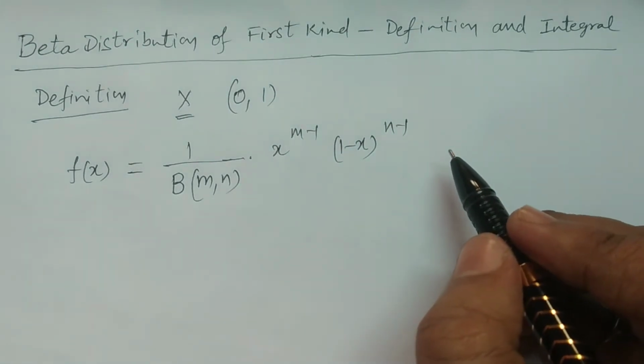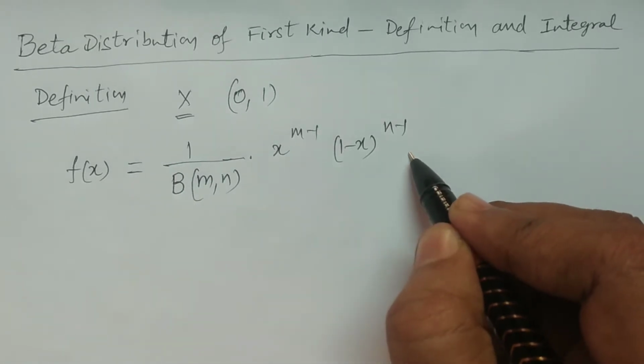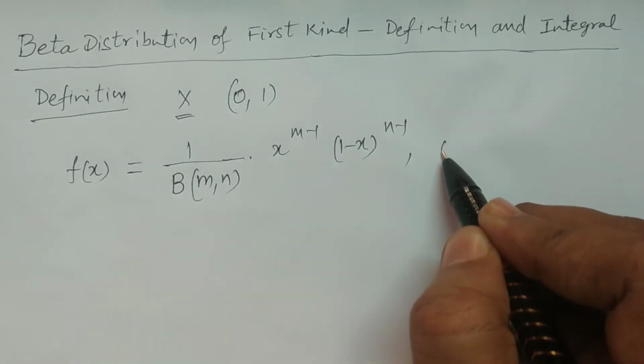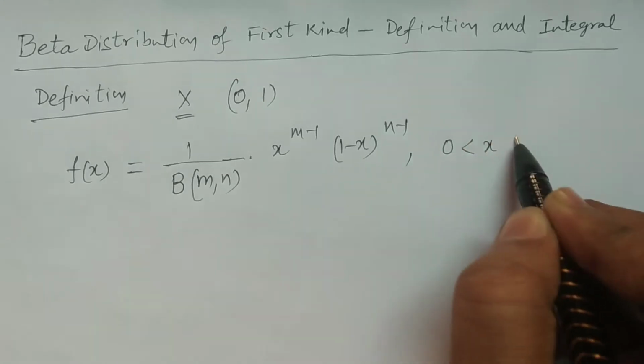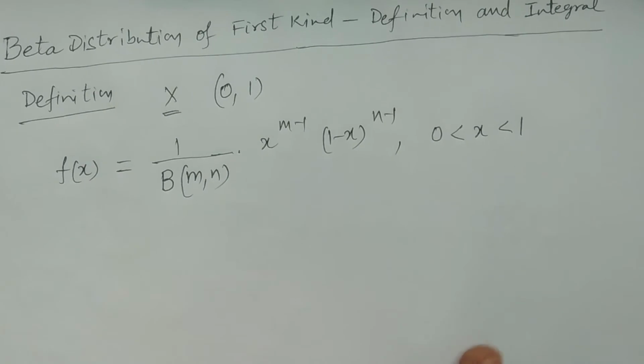The probability density function is equal to 0 otherwise. The range of x is 0 less than x less than 1, or we can also write 0 less than or equal to x less than or equal to 1.